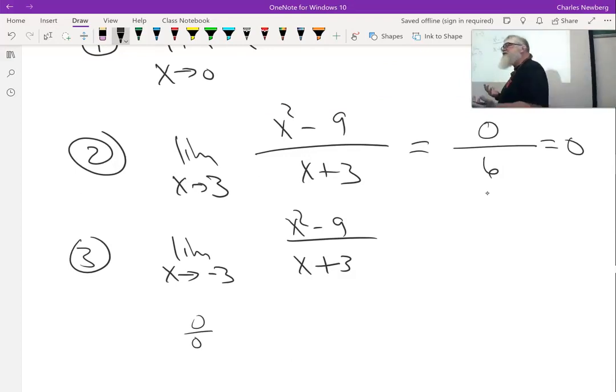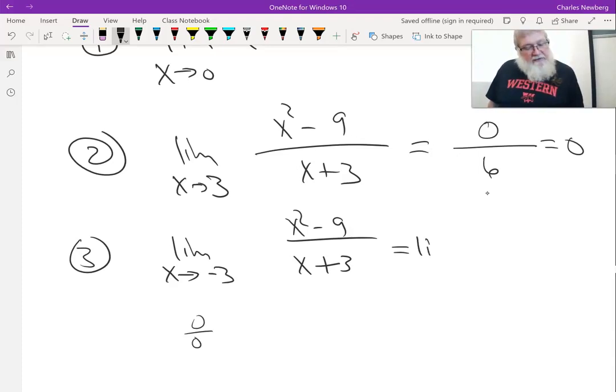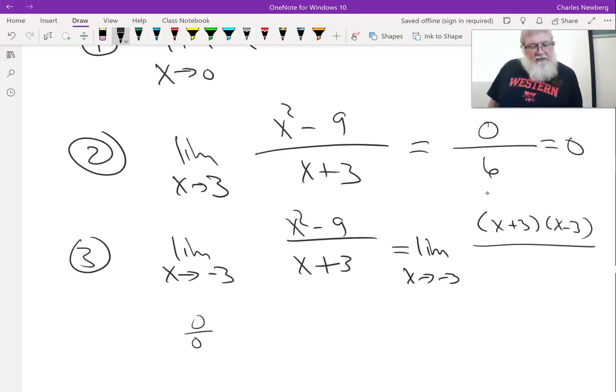0 over 0 is one of those forms that pops up. It does not mean does not exist. Sometimes we've got to do more algebra. So, remember, we're only interested in as we're going into negative 3. So I think I can factor that numerator there. That numerator factors as x plus 3, x minus 3.